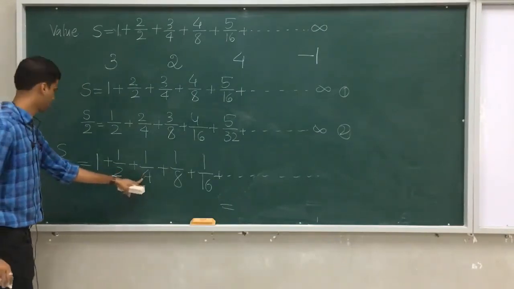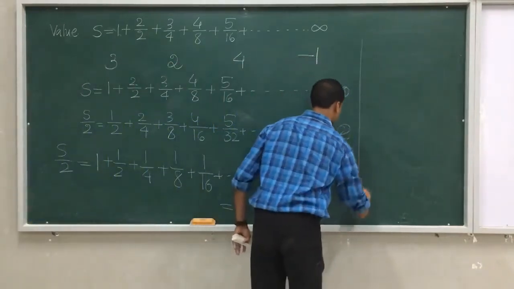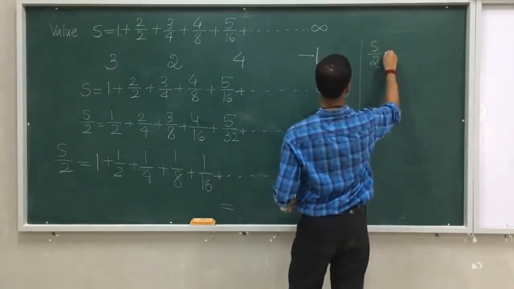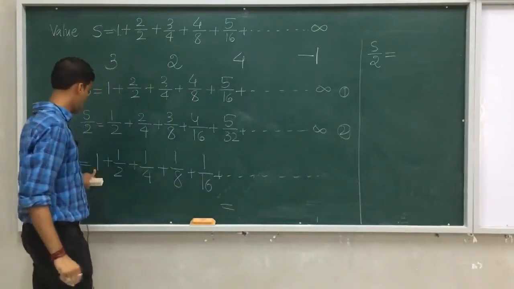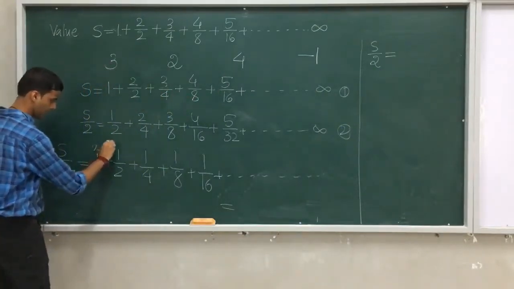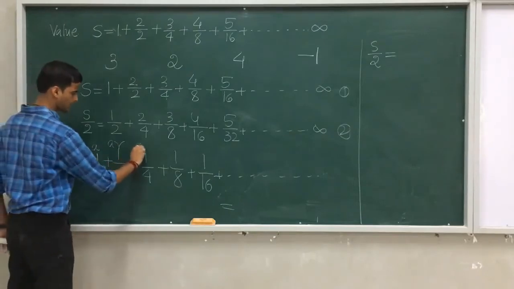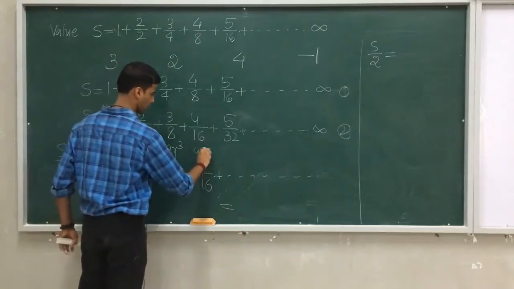Now it is AR square. So I can say that S by 2 is equal to AR. Look at this. A into R, because A is 1. AR square, AR cube, AR raised to 4.